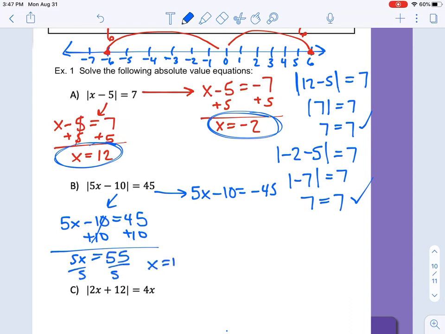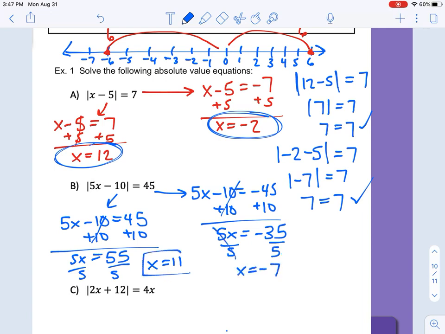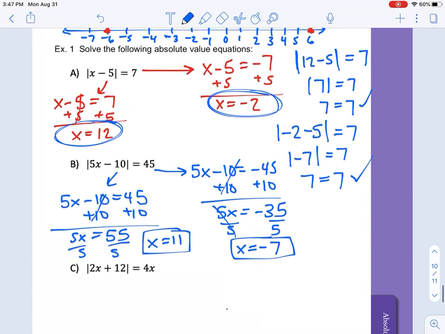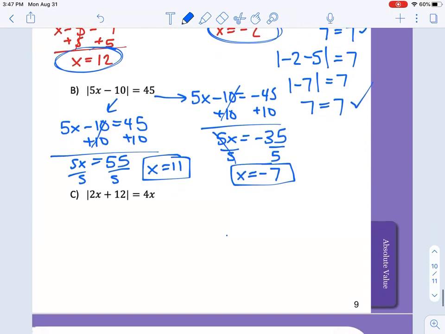So we end up getting x equals 11. And x equals negative 7. I'm not going to check this one. Those are our two solutions.